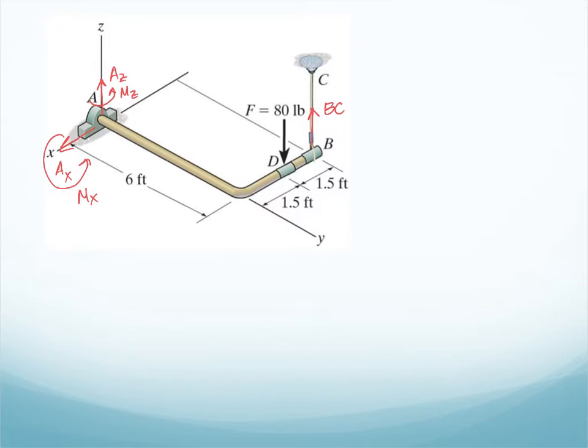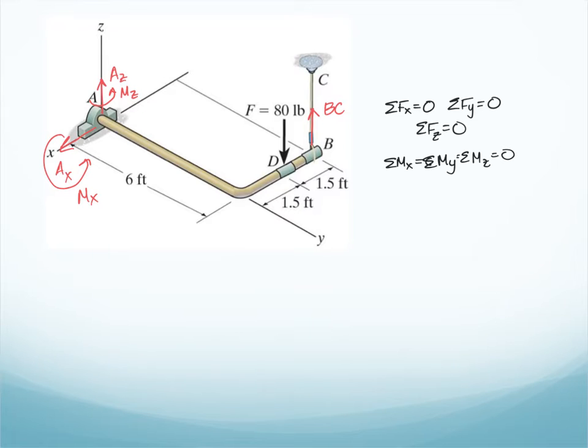Now, as I'm thinking about my equations for equilibrium, I would obviously have the sum of forces in the x direction equals 0, in the y direction equals 0, and in the z direction equals 0. And I'm going to come back to that in a later slide. Now you might be wondering how we get the moments in the x direction, the y direction, and the z direction, which all of these have to be 0.